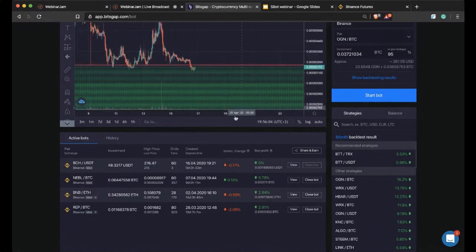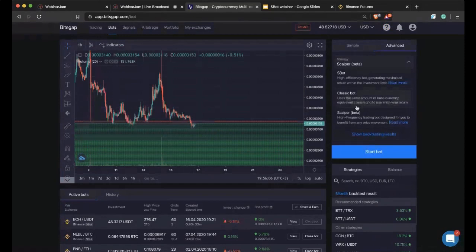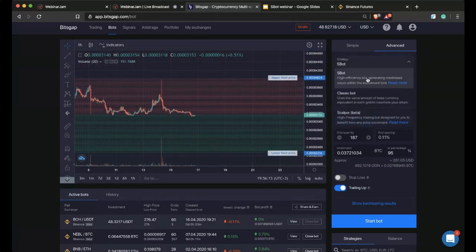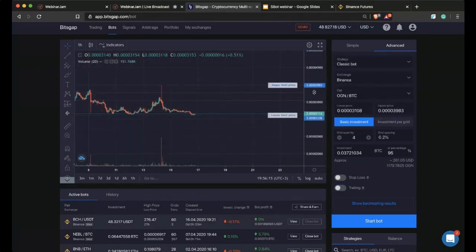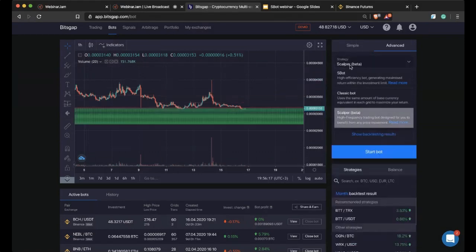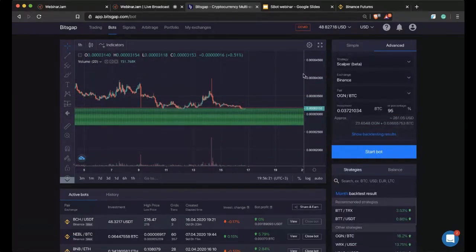But once again, I would suggest you practice on the SBot, on demo account, and classic bot, because SBot, I mean the scalper, is mostly optimal for some rare cases on the market.